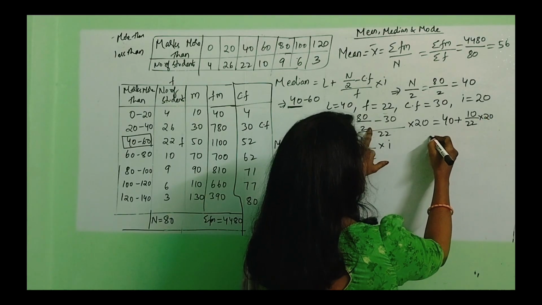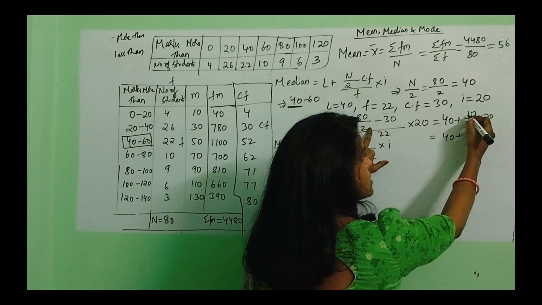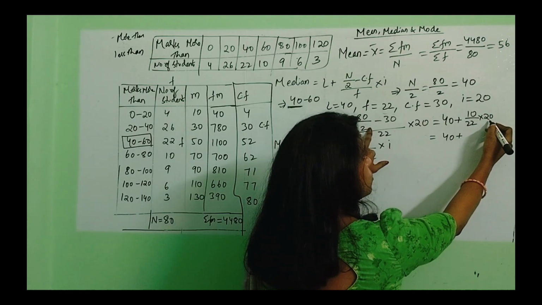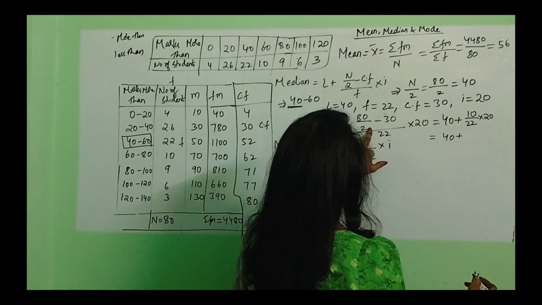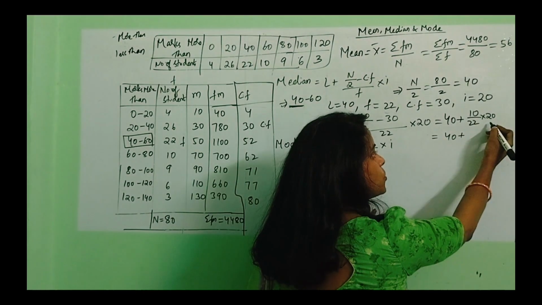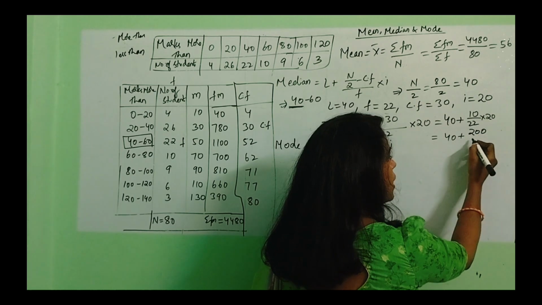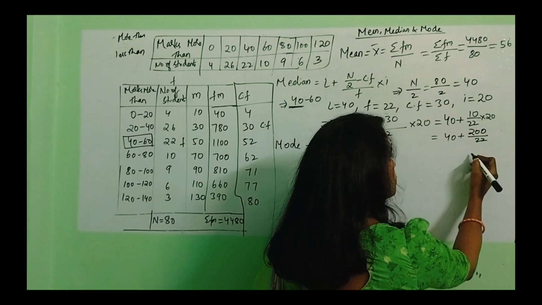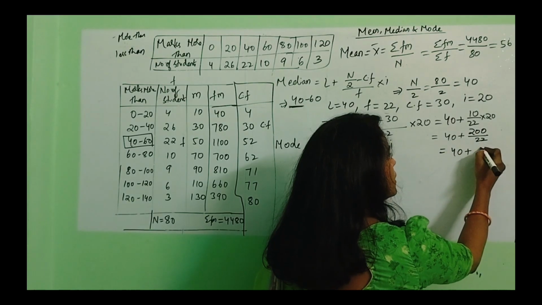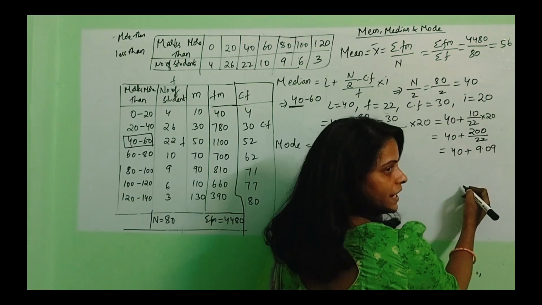Okay, so what is the value? That is 40 plus 10 into 20. So 10 into 20 is 200. 200 by 22. Okay, so 200 by 22, the value is 9.09.